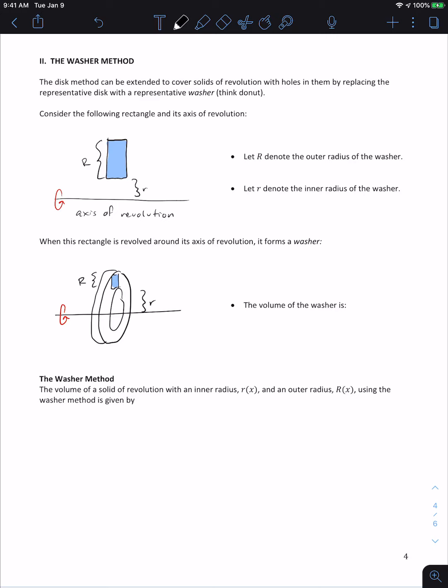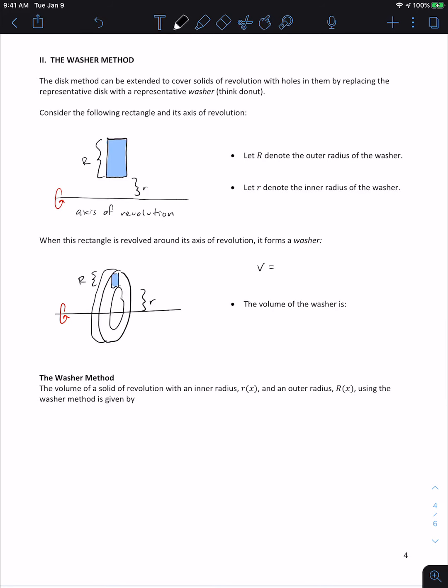Now let's think of what the volume of this washer is. We know in general that the volume of a cylinder is pi r squared h. Here we could think about this as finding the volume of the outer disk. So the total volume will be the volume of the outer disk minus the volume of the inner disk, and that would give us the volume of the donut.